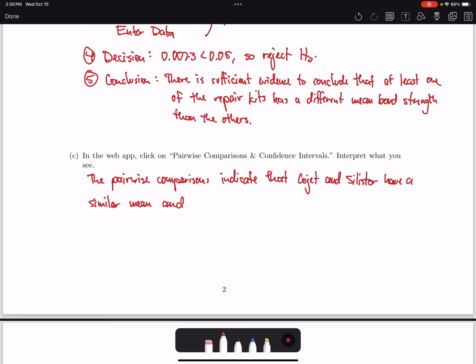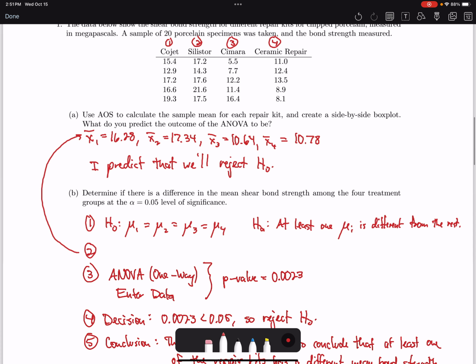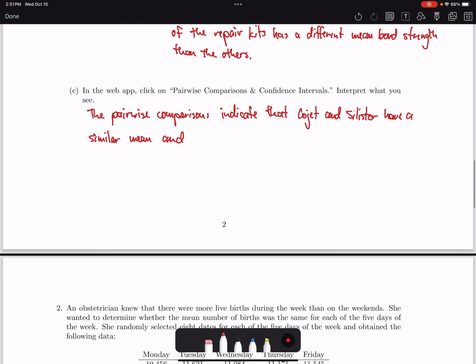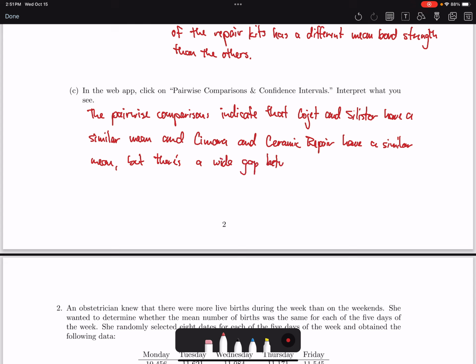And the groups 3 and 4, that's Samara and ceramic repair, have a similar mean. I don't know if I'm saying these names right, by the way. But there's a wide gap between those two blocks, between those two groups.